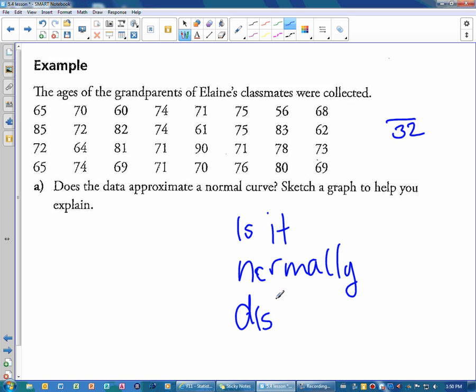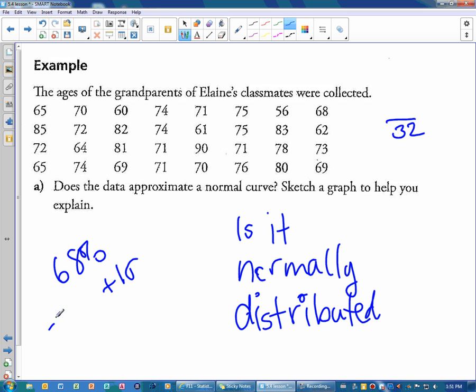So what you've got to figure out is, does 68% of the data fall 1 standard deviation above or below? Does 95% of the data fall 2 standard deviations above or below? Does it look like a bell? If you can answer all those things yes, then you would say, yeah, it is normally distributed. If the answer to those is no, you would just say no, it's not.